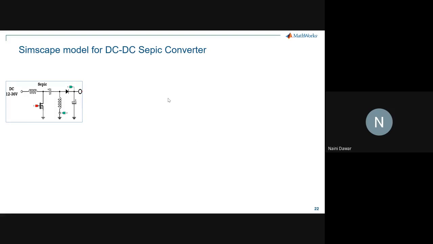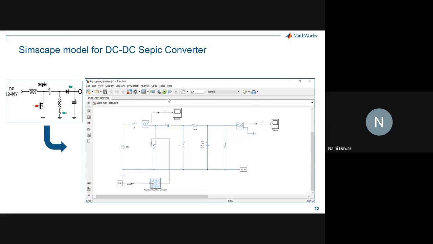That's where we have used the DC SEPIC converter as an example. If you see, this is an entirely electrical circuit, and what we have used is Simscape Electrical for this, which has all the physical components like your inductor, capacitor, the voltage source, your voltage sensor to calculate the voltage, the current sensor to see the current flowing in the series, and the connections which are there are electrical connections, right?